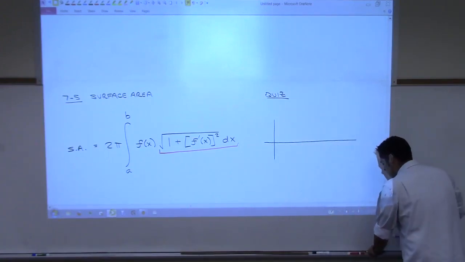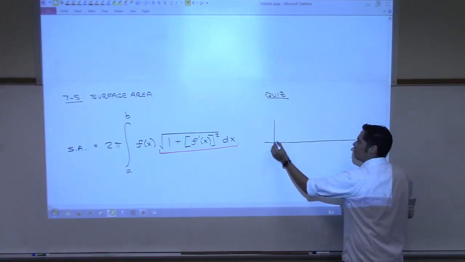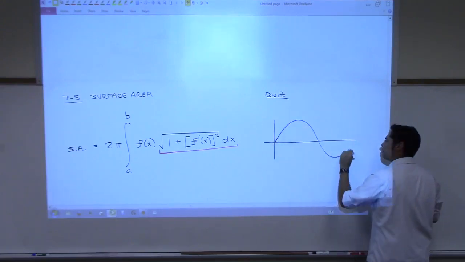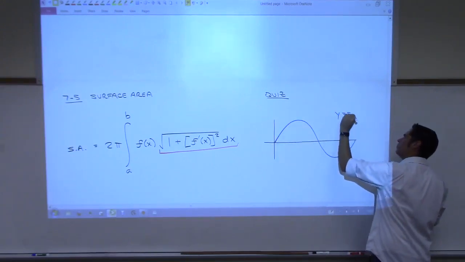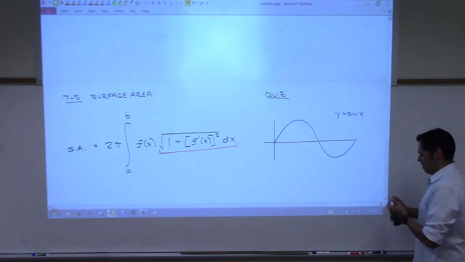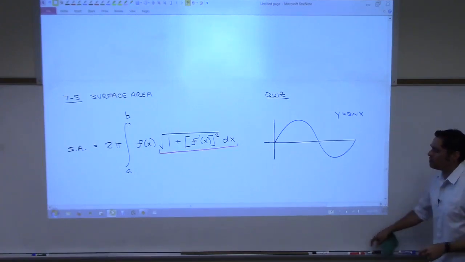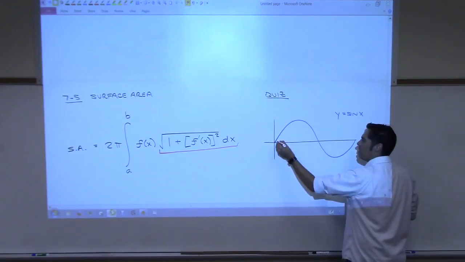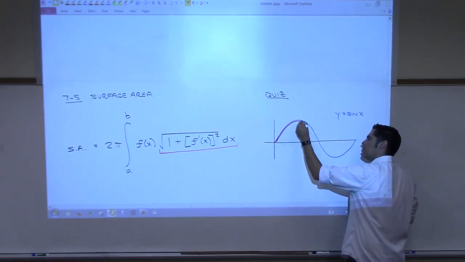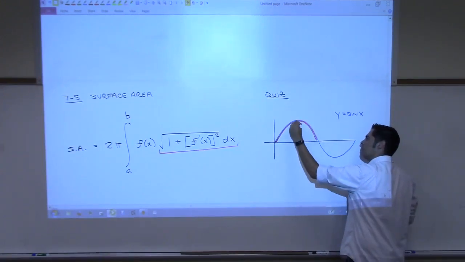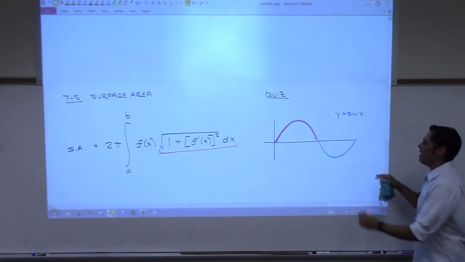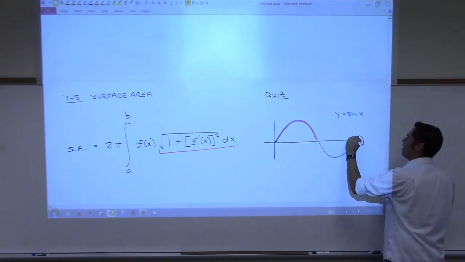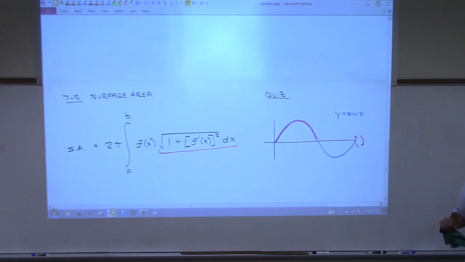If you were to take the sine curve and just look at that first arc of the sine curve, just this first arc right here, and rotate that arc around the x-axis, you would get some weird, almost football-shaped thing.